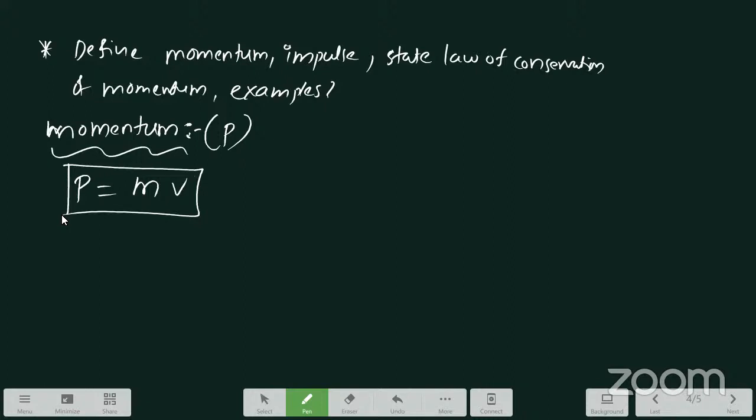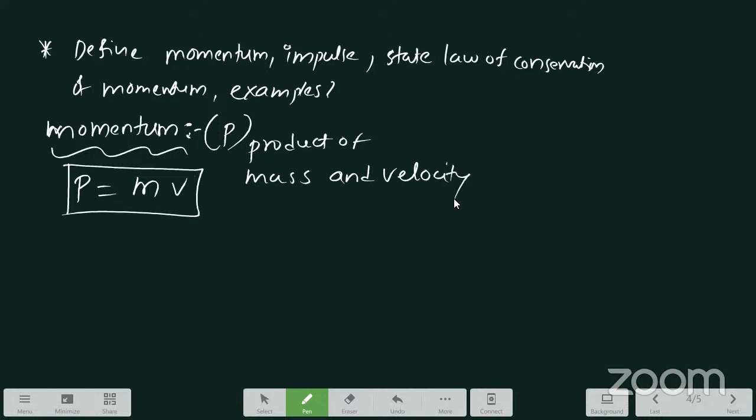Everyone says momentum is the product of mass into velocity. Actually, that is one formula. But what is the meaning of momentum? In your examination, you are writing like this only: product of mass and velocity.